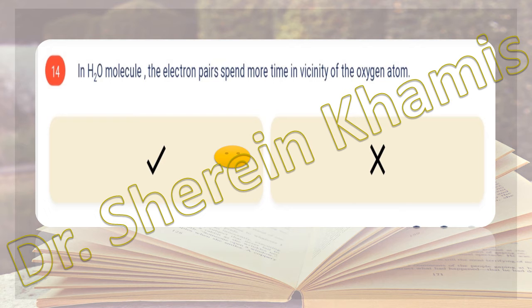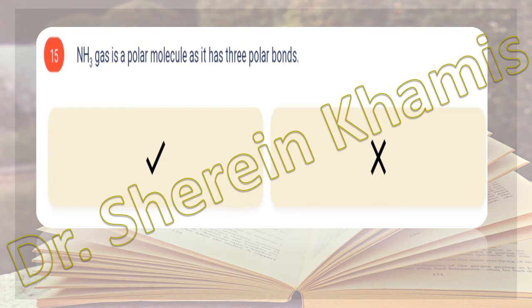Okay, let's go to question 15. Question 15 says that ammonia NH3 gas is a polar molecule as it has 3 polar bonds. Okay, we said that nitrogen carries 3 electrons that are needed for sharing, so we have 3 bonded electrons, and they are polar also, as the difference between nitrogen and hydrogen is relatively high.